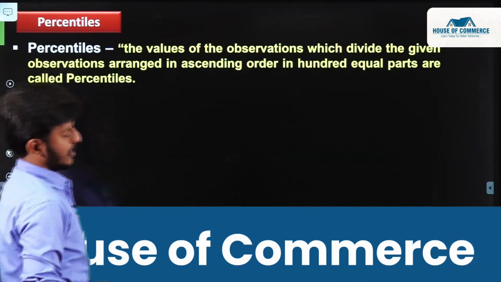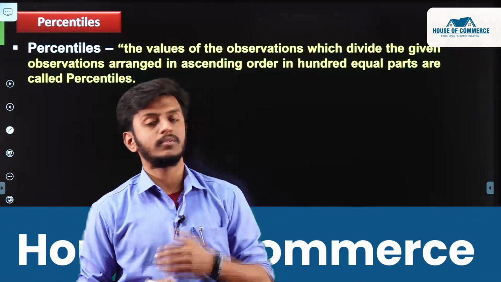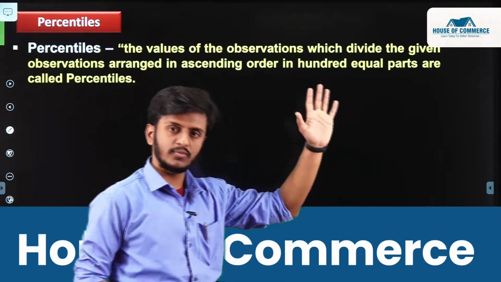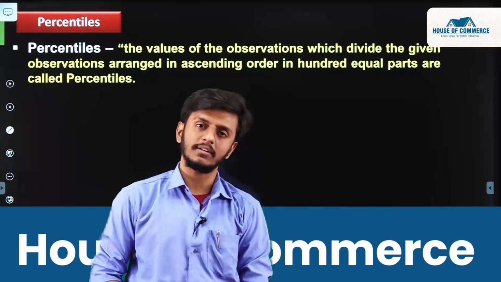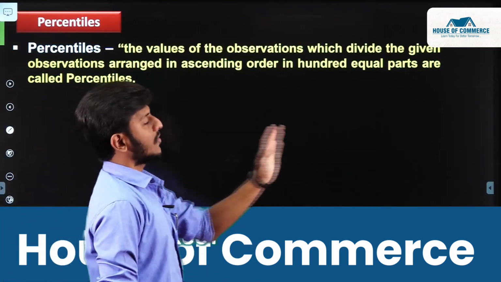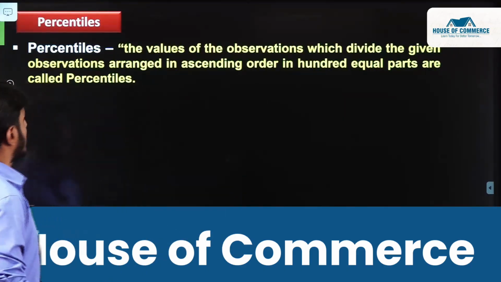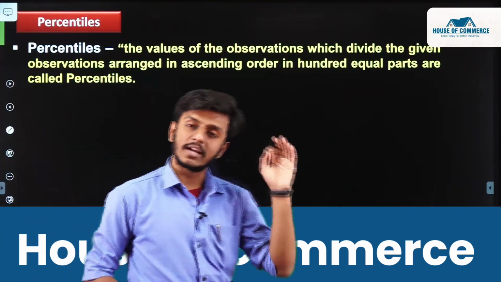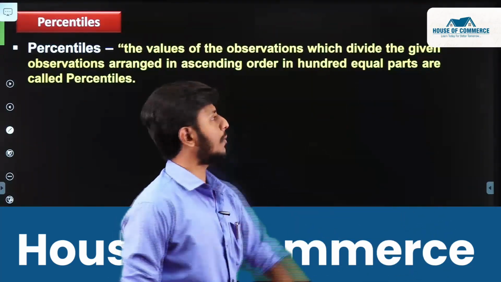Okay, so what the percentile says, we have to use the same definition over here. If the examiner may ask to write the definition of percentile, then how can you write it? The values of the observations which divide the given observations, arranged in ascending or descending order, in 100 equal parts.